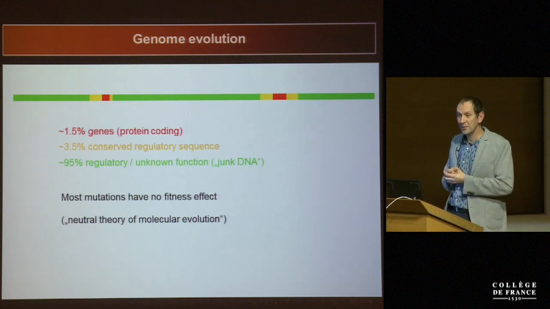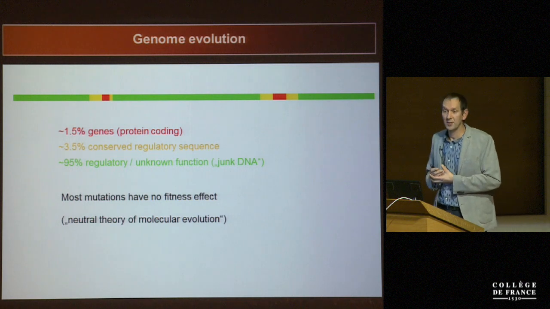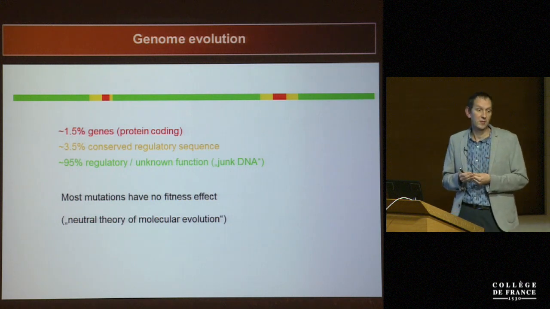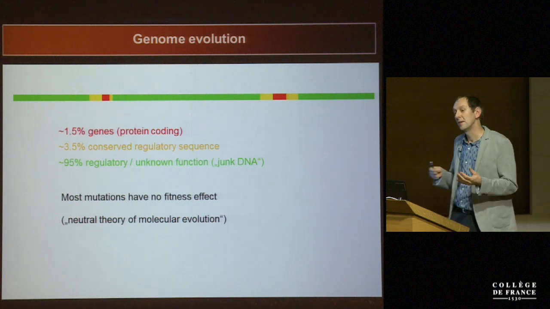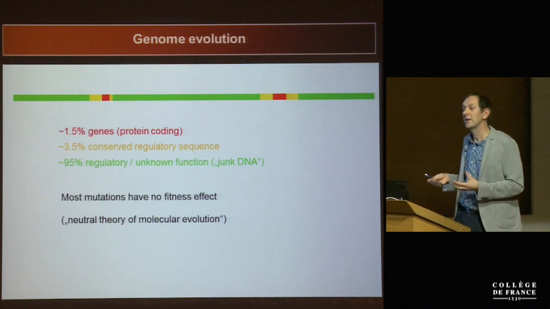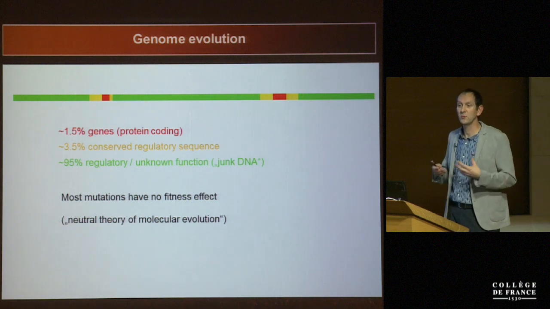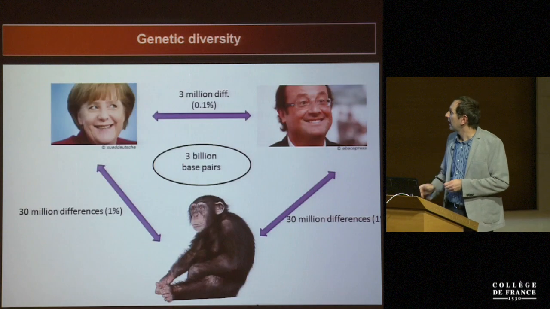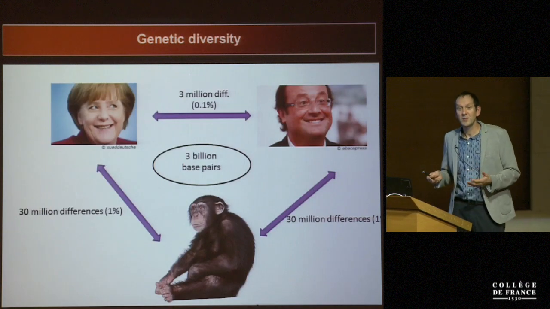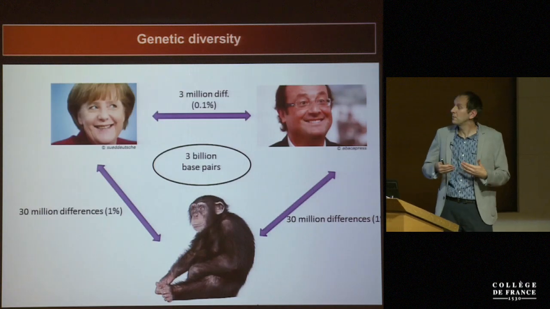As a result, most mutations do not affect the fitness of an individual. This has led to the neutral theory of molecular evolution: mutations arise that are not subject to natural selection. They accumulate and make no difference to the organism. And because of this, we start to develop differences between people.